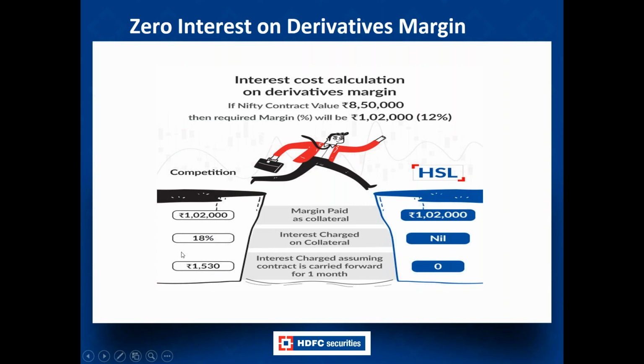So suppose you hold the position with our competitor for 1 month, your interest cost is about 1,500 rupees. But if you use the same facility with us, we don't charge any interest. There is a 0% interest, and hence there is no extra interest charge borne by you if you hold these positions by pledging your shares.